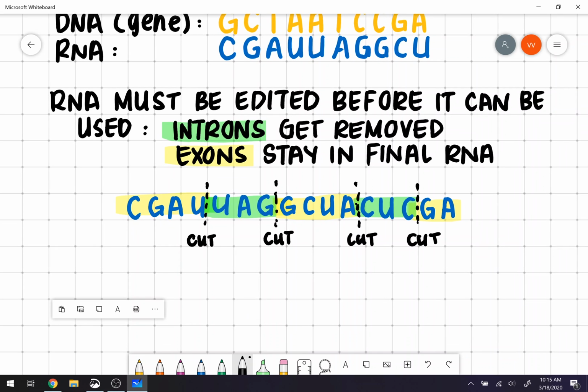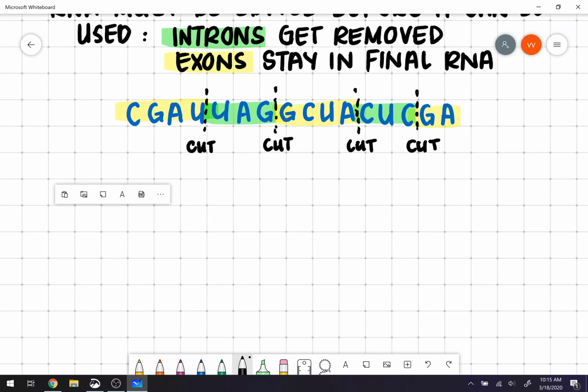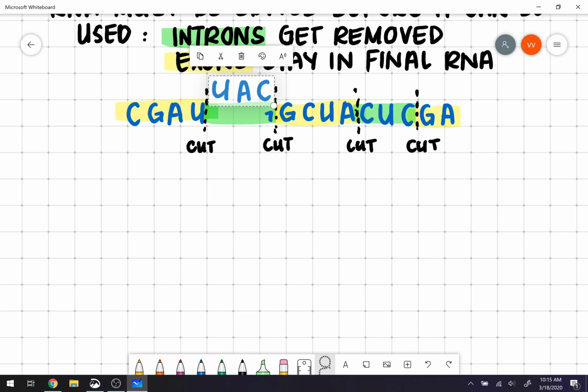The introns are going to get cut out. Okay. So this is your intron. The intron is going to get cut out and removed.